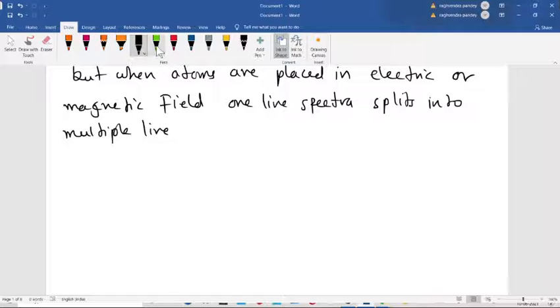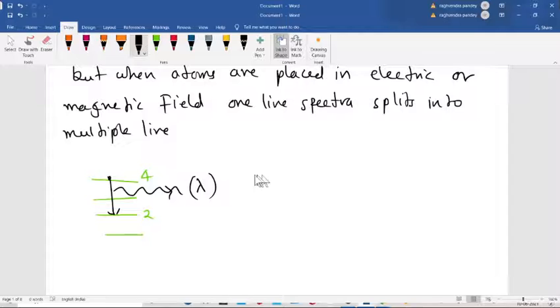Suppose the electron is coming from 4 to 2. The electron is coming from 4 to 2. Okay, so it will give out some wavelength lambda. This energy wavelength it is giving out.